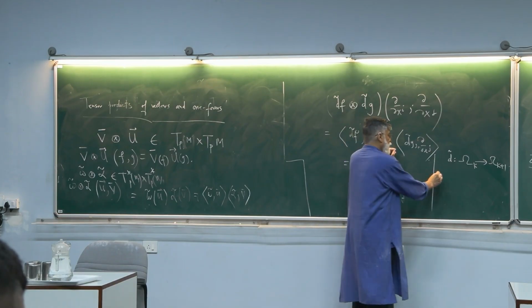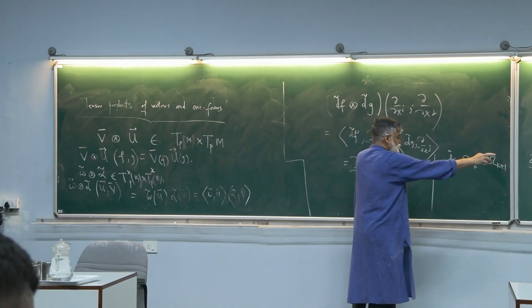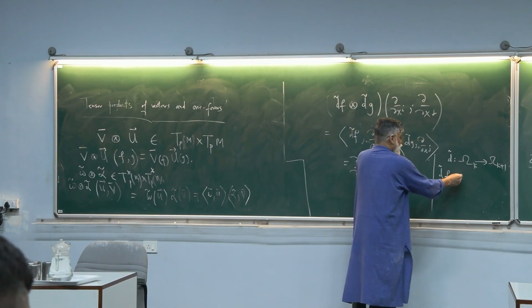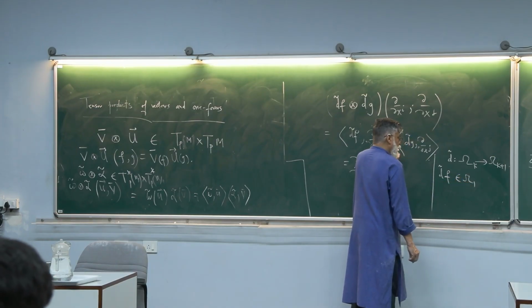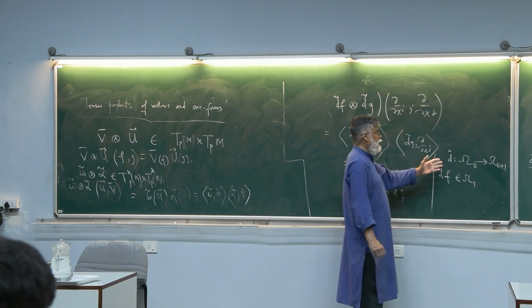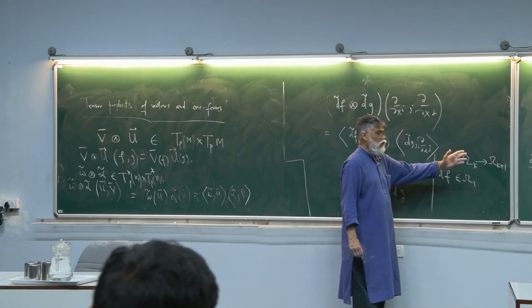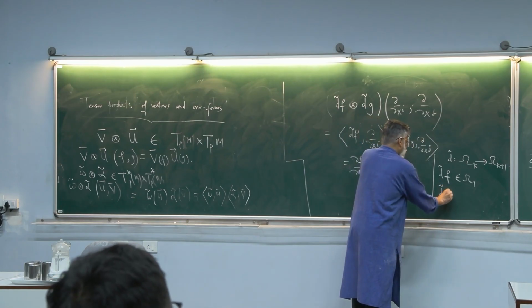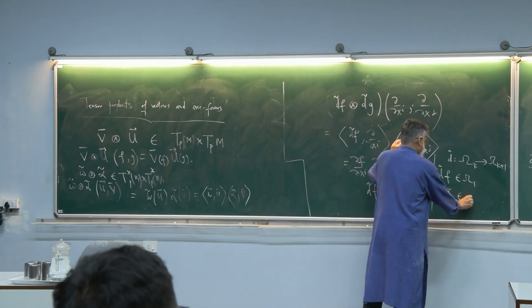Example, d acting on the space of functions: f belongs to omega 0, but d of f belongs to omega 1. Similarly, we want that d, when it acts on a one form, takes it to a 2 form. That means d of a one form A belongs to omega 2.